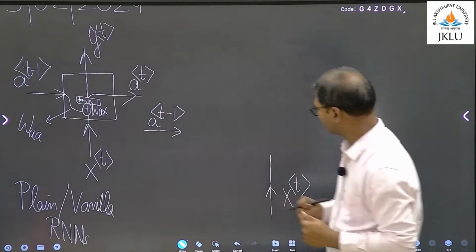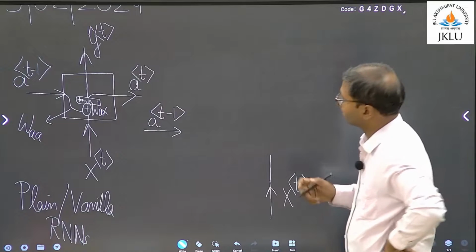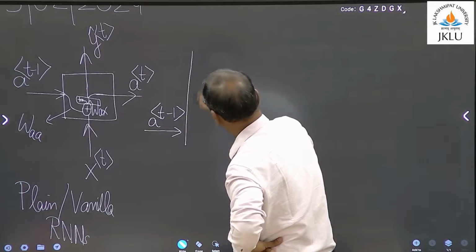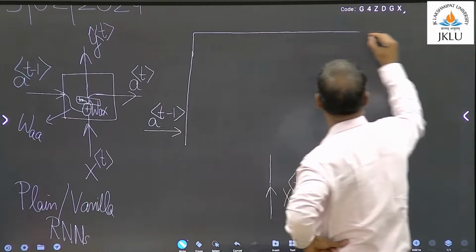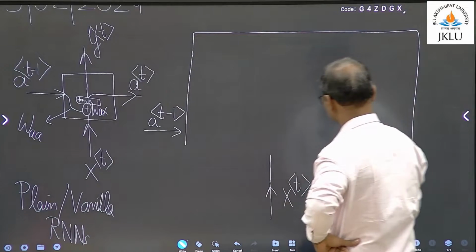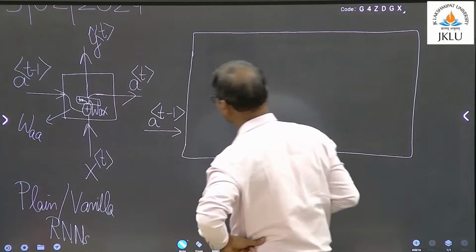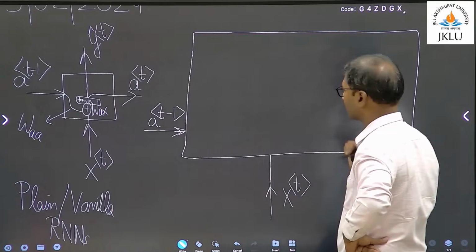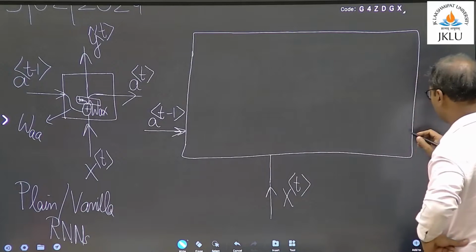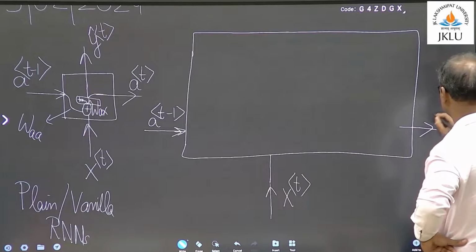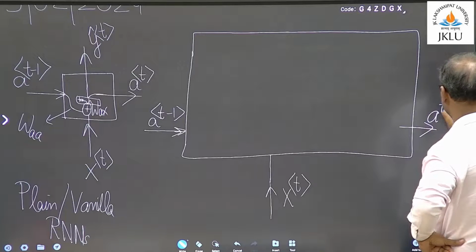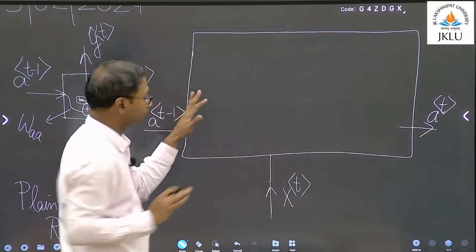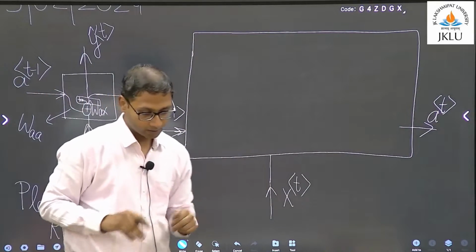Okay. What more? It turns out, let me try to make this big, and I hope this will be sufficient. So you are having a_{t-1} and x_t and you take out a_t, and there are a lot more things inside.